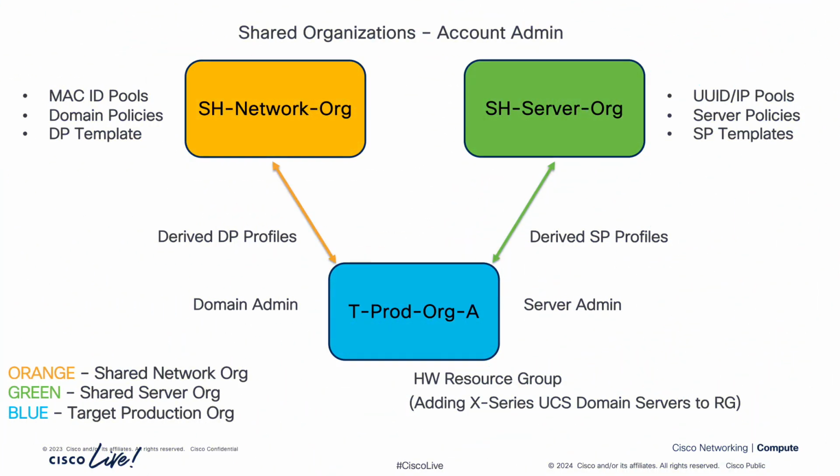Okay, so back to our graphic here and talking about role-based access control in our scenario. We have a target prod org down here in blue. We're going to add two roles. We're going to add a domain admin role, and then assign that to a user, and then create a server admin role and assign that to a user.